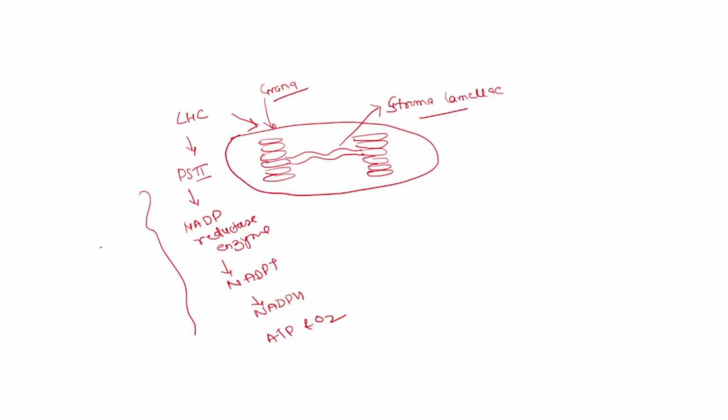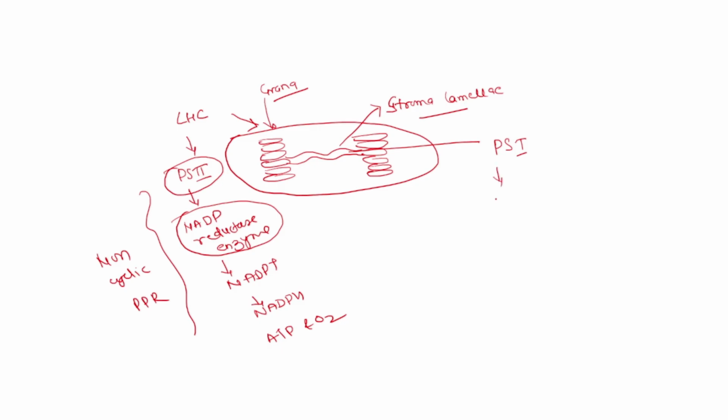So they are mainly performing non-cyclic photophosphorylation, but stroma lamellae lack PS2. That means it also lacks NADP reductase enzyme, and it has PS1.